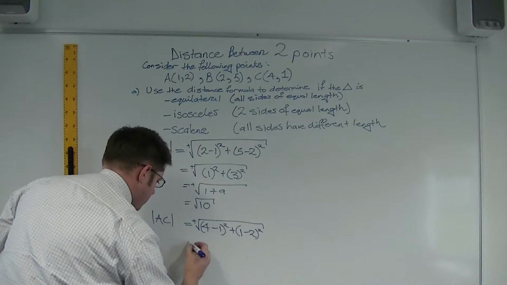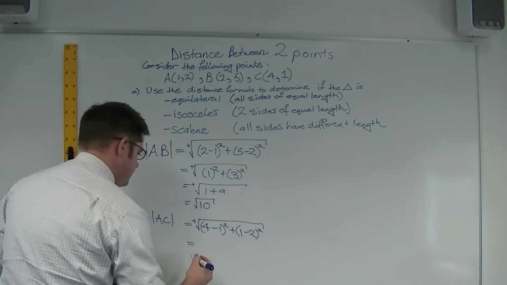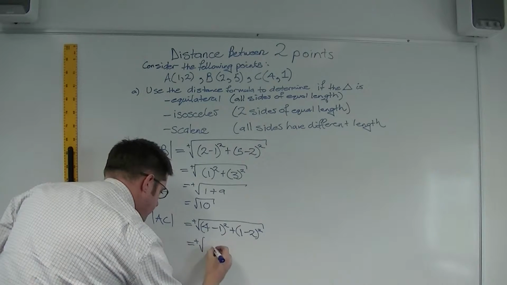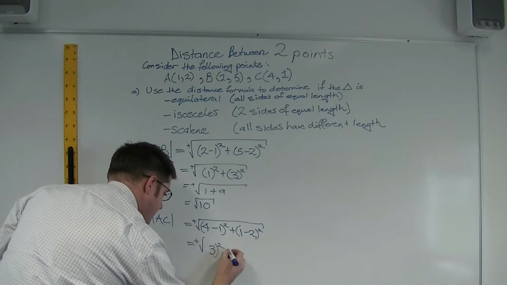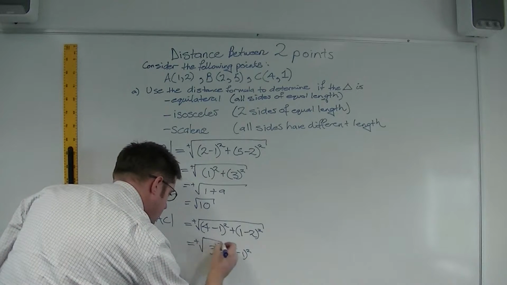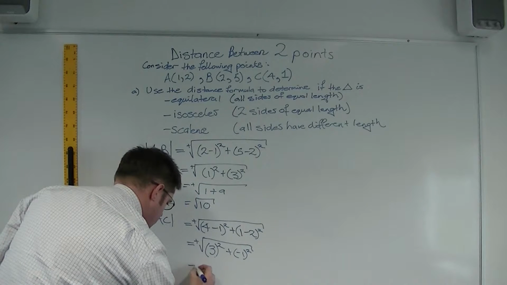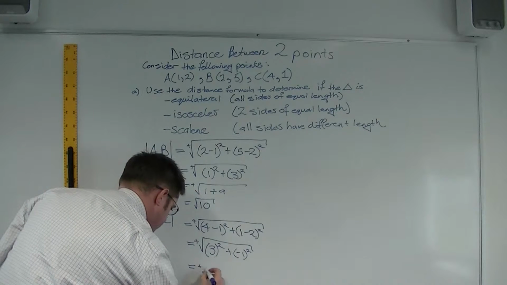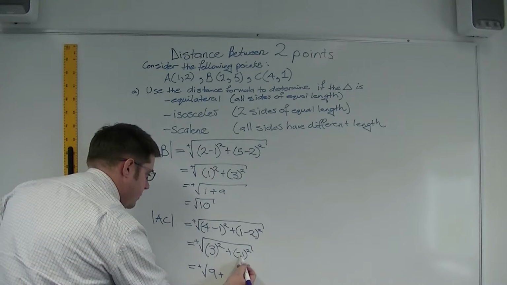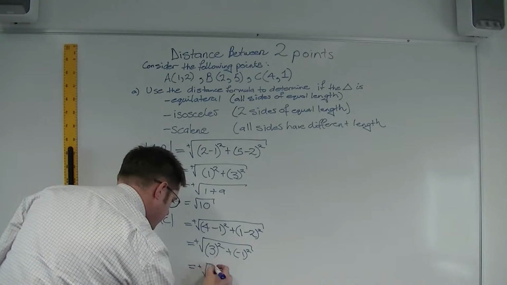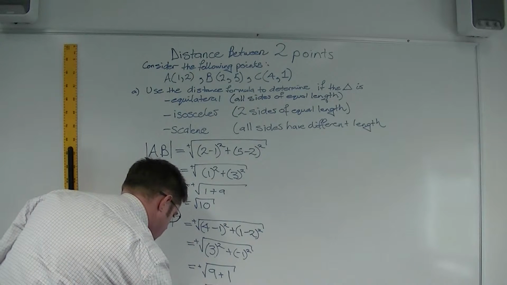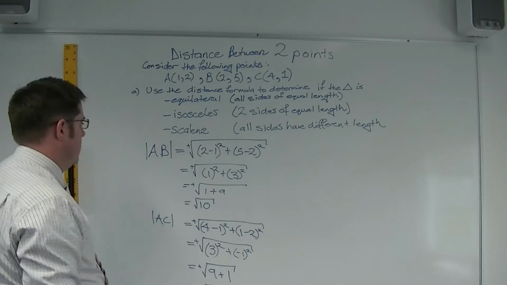This would equal the positive square root of 4 minus 1 is 3 squared, plus minus 1 all squared. This is equal to the positive square root of 9 plus, remember, negative times negative is positive, so that's positive 1 squared. So this is equal to, once again, the positive square root of 10.